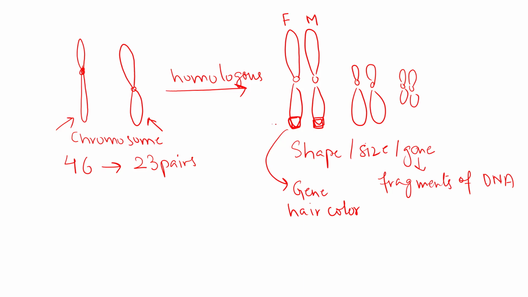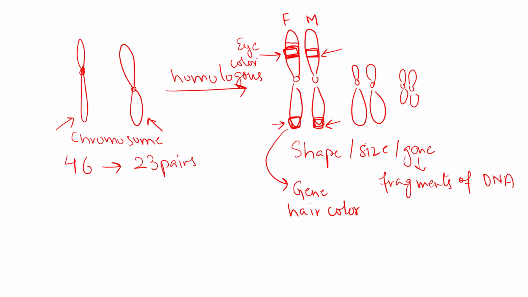So this gene will also have information about hair color, and this gene will also have information related to hair color. Let's say this fragment is related to eye color, and this is also related to eye color. So these genes are related to eye color.